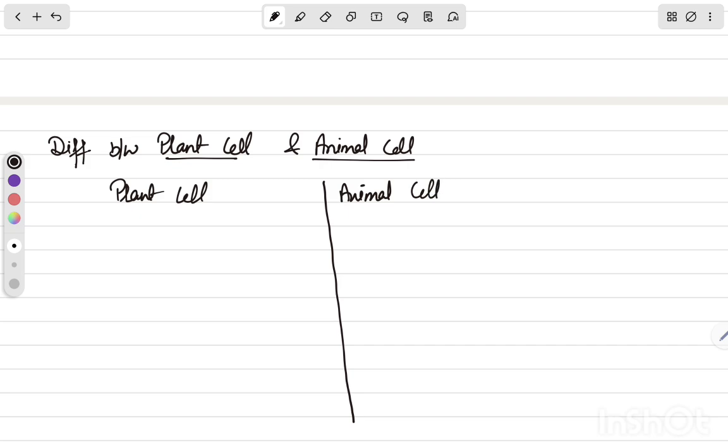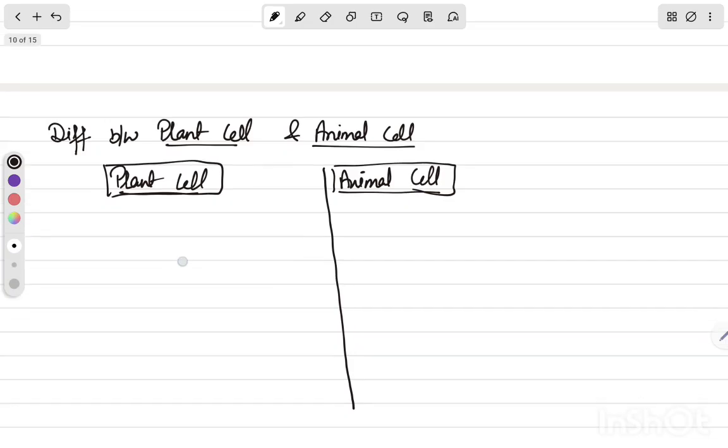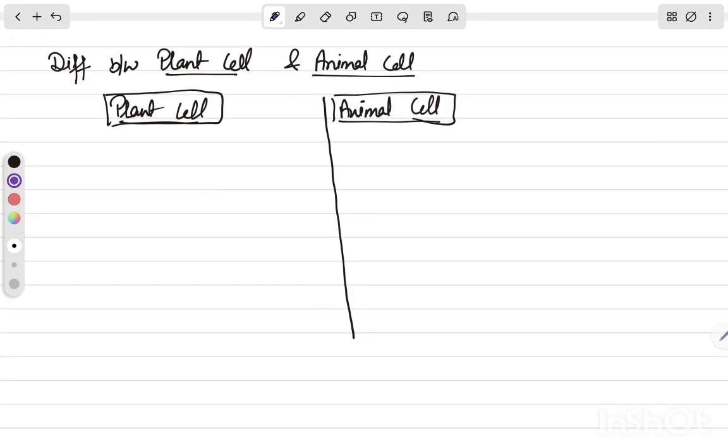It is very easy. You have been studying the difference between plant cell and animal cell from class 9th. First difference: cell wall is a unique feature of plant cell, right? We have discussed it in cell theory also. Cell wall is present in plant cell and cell wall is absent in animal cell, right? That is the major and first important difference between plant cell and animal cell.